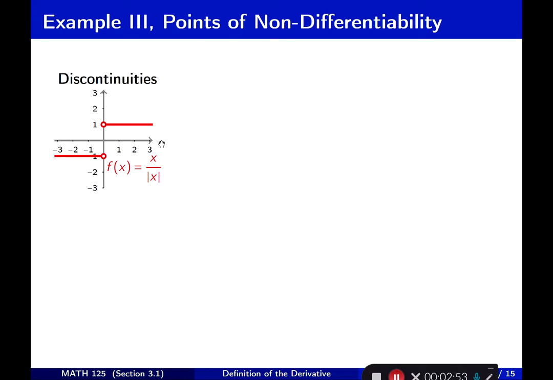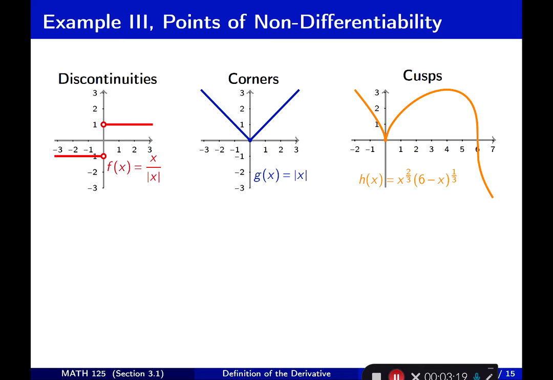By the way, this has another definition using a piecewise defined function, because there is an absolute value in there. So at point 0, even if we put a point value for it, we will not get differentiability there because there's a discontinuity.